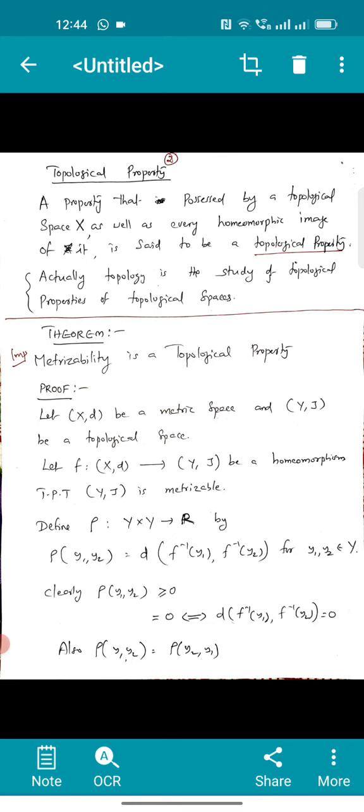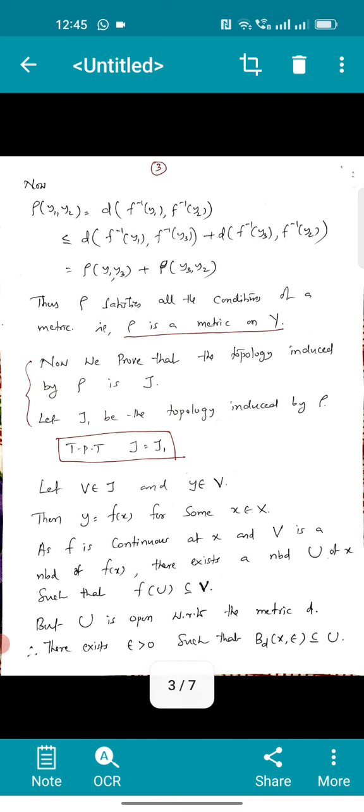Clearly, rho(y1, y2) is greater than or equal to 0, and it equals 0 if and only if d(f inverse y1, f inverse y2) equals 0. Also, rho(y1, y2) equals rho(y2, y1). That is, the different conditions for the metric are satisfied here.